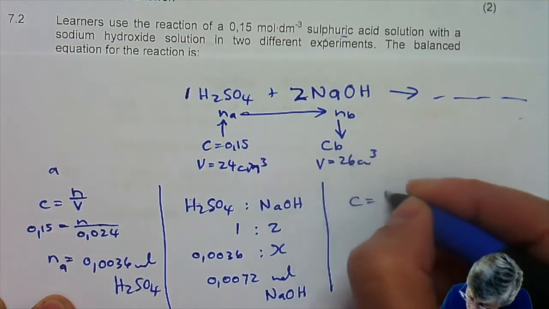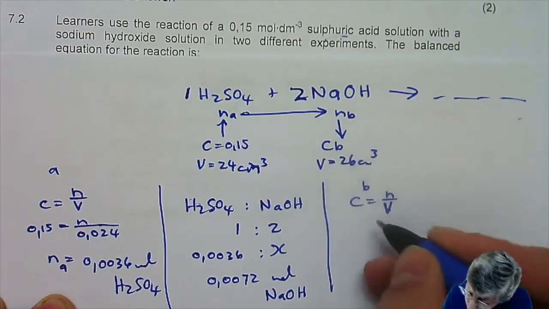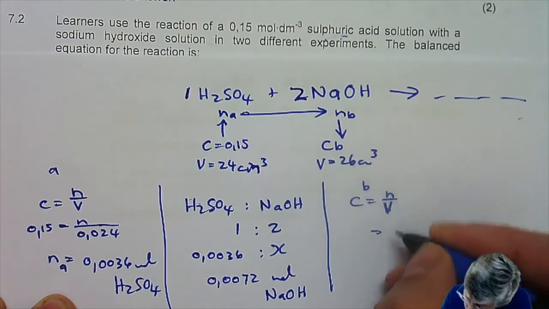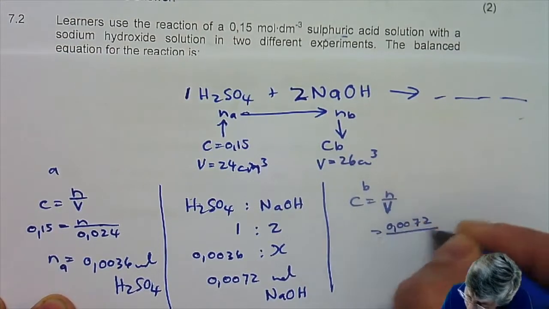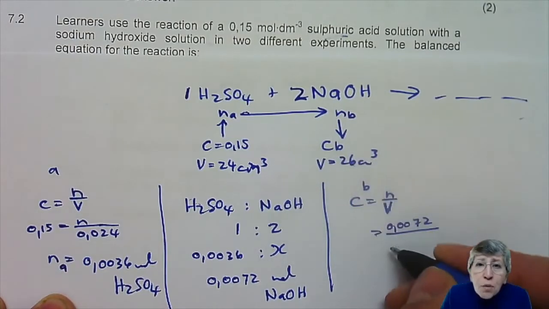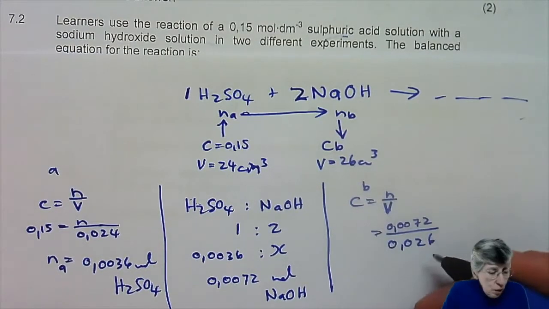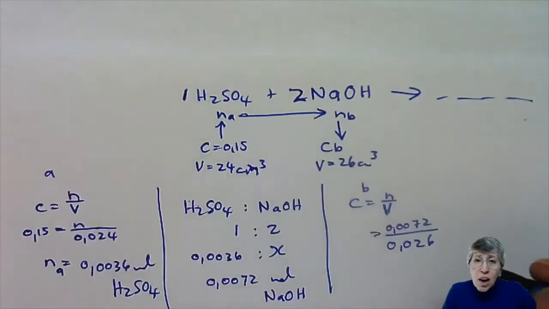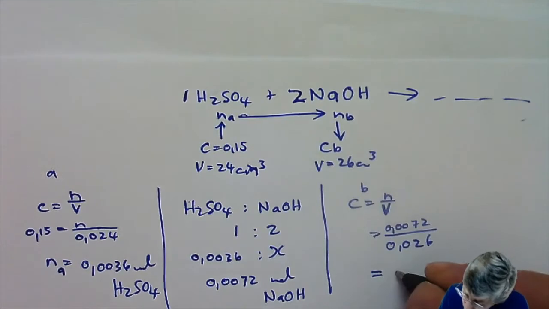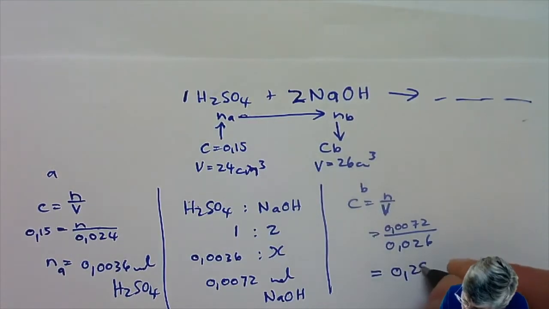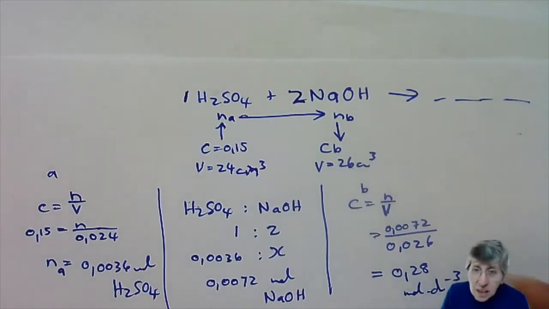So C equals n over V, and I'm now working with the base, right? Moles, 0.0072. I have to divide by volume, and remember, for volume you have to convert to cubic decimeters, right? You have to convert to cubic decimeters, and then you get your concentration as 0.28 moles per cubic decimeter, right?